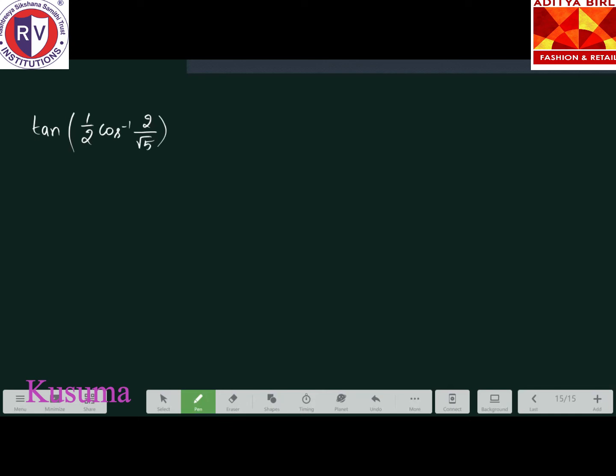Okay, the options are: 2 minus root 5. Option B is root 5 minus 2. Option C is root 5 minus 2 divided by 2. And option D is 5 minus root 2. So these are the options given. Let us find out how to solve this.